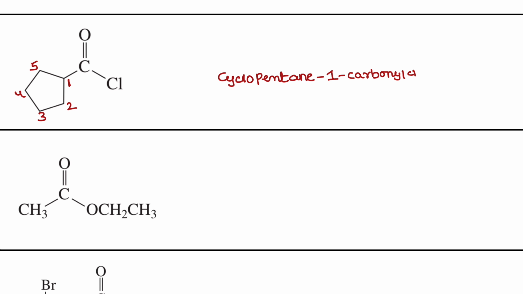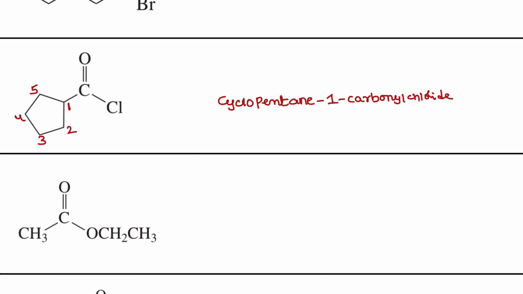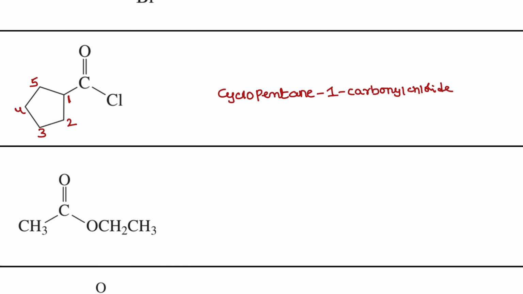If you say oyl chloride, that is wrong. Oyl chloride or oyl bromide, that is correct when the carbon of that COX is taken into the longest chain. But this carbon could not be adjusted in the longest chain. Therefore, we are using a special suffix, that is carbonyl chloride.